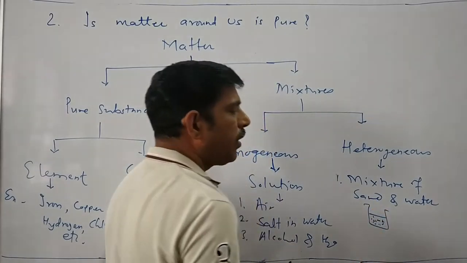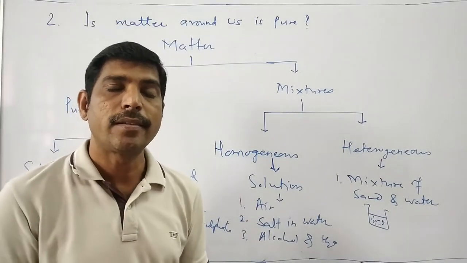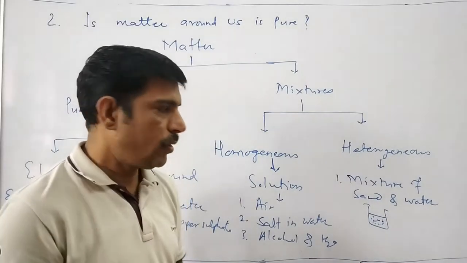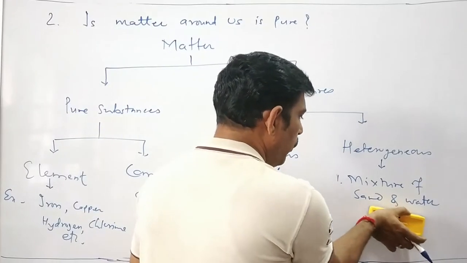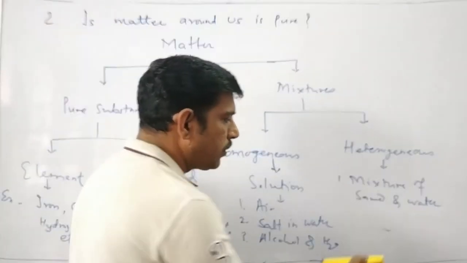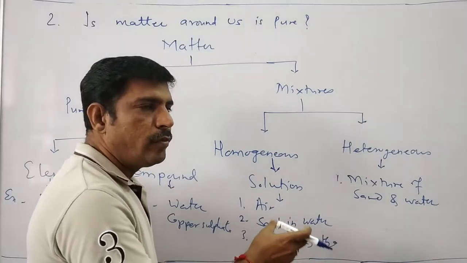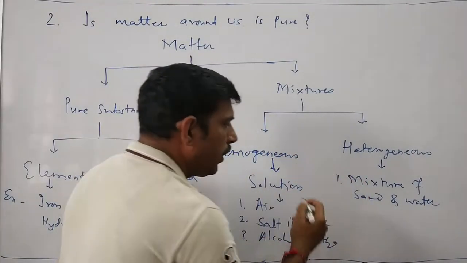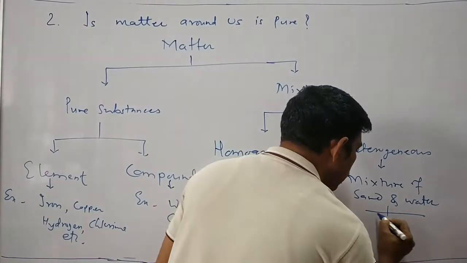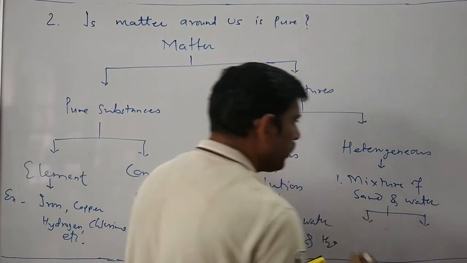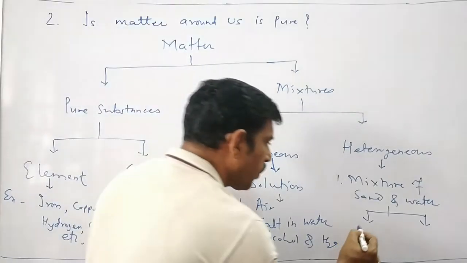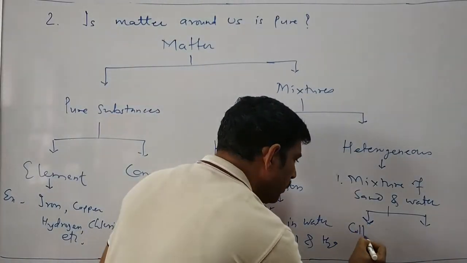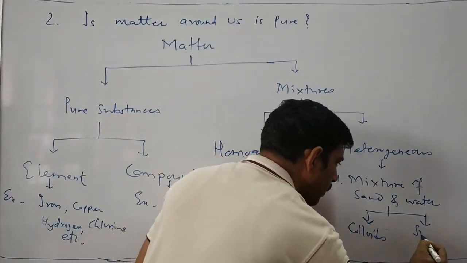We can easily identify the sand particles because their size is large. We can separate which is sand and which is water in that container. Again, these heterogeneous mixtures are of two types, called colloids and suspension.